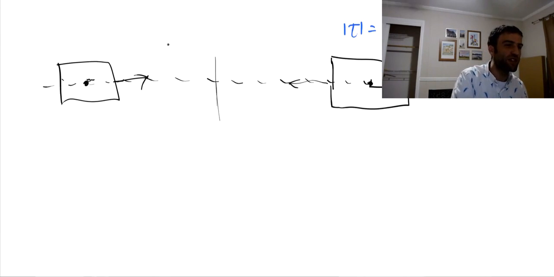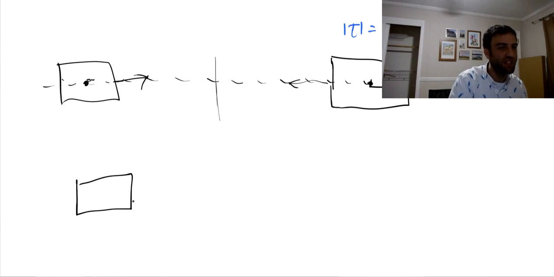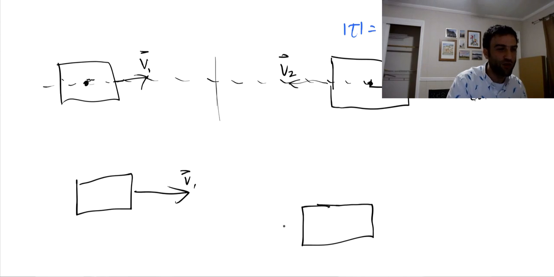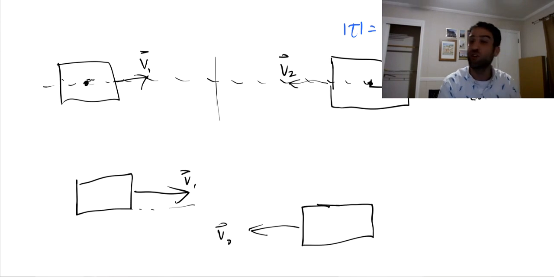On the other hand, if I set up my situation a little bit differently, I still have this block flying over here at some velocity. I'll call these V1 and V2. And this was meant to be a force from the collision. I still have this block going over here, but my second block maybe is over here. They're still going to collide, but there's just going to be a glancing collision, near these corners of the blocks.